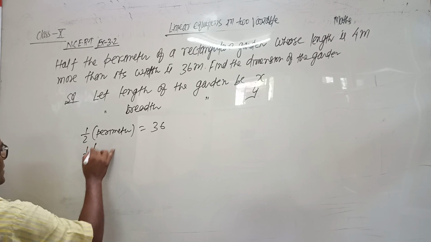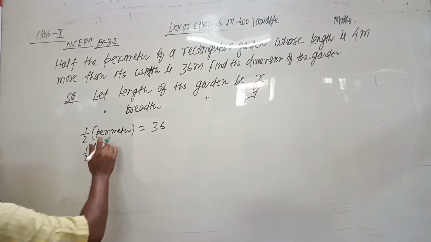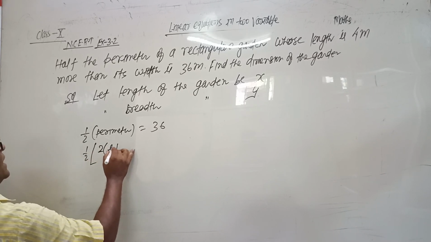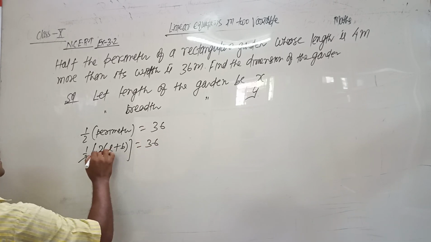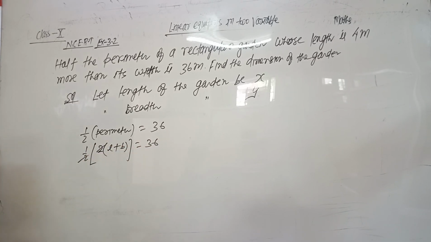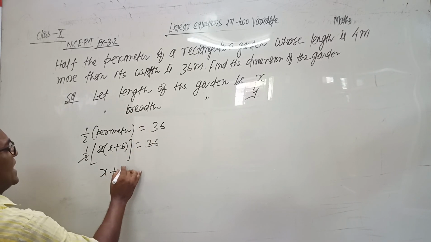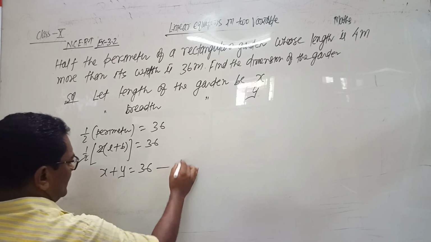We know the perimeter of a rectangular garden is 2 into L plus B. So half of it is 36, the 2 and 2 get cancelled, means L plus B equals 36, and length is x, breadth is y. So x plus y equals 36. This is the first equation.